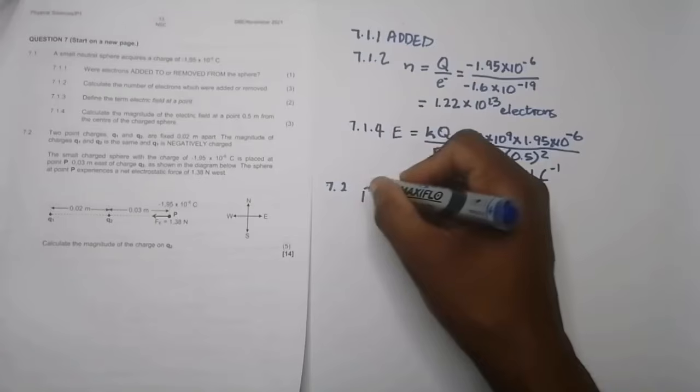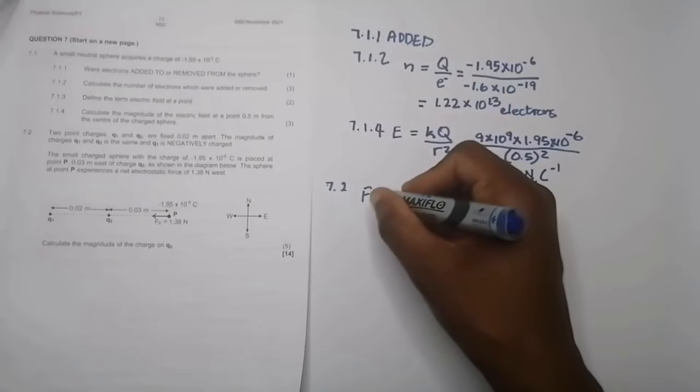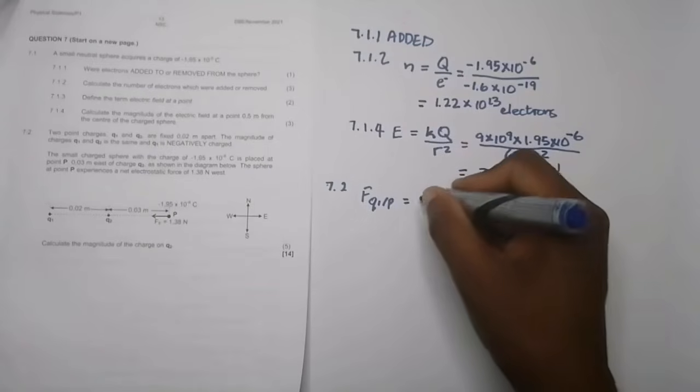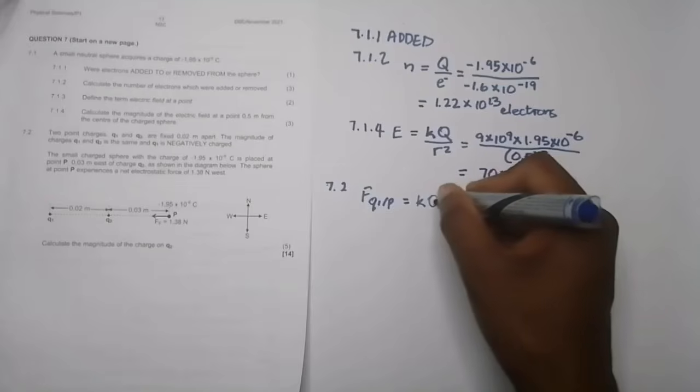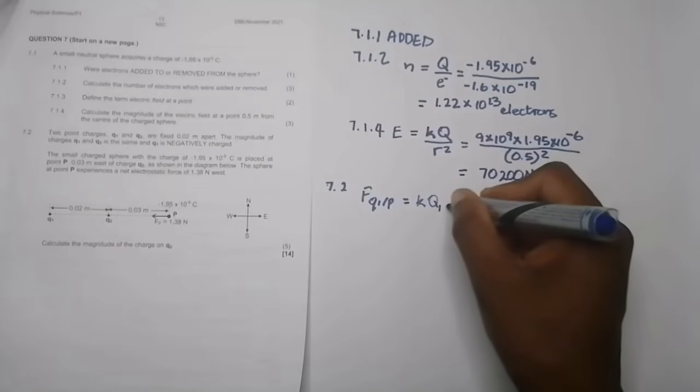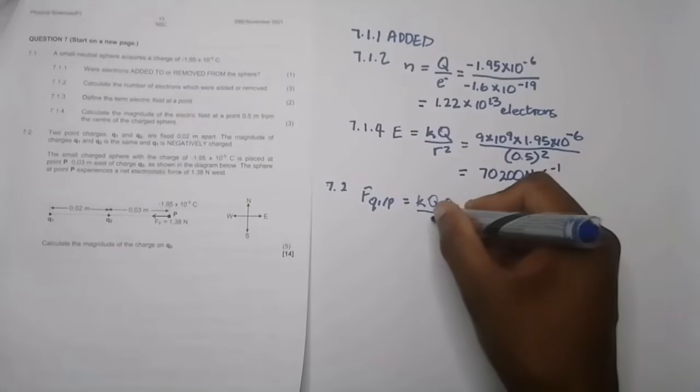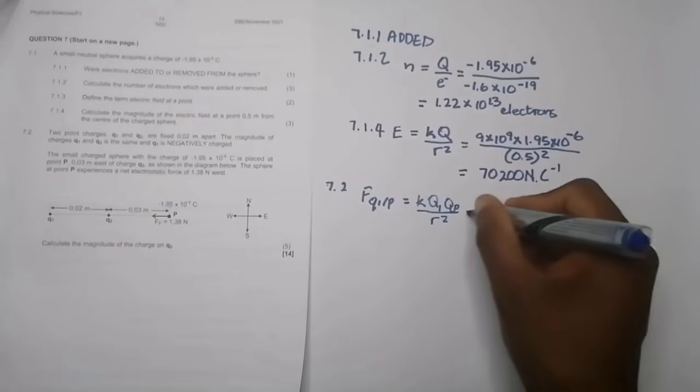So I'm going to say the force of Q1 on P is going to be K Q1 times QP divided by the distance between them, r squared, right?